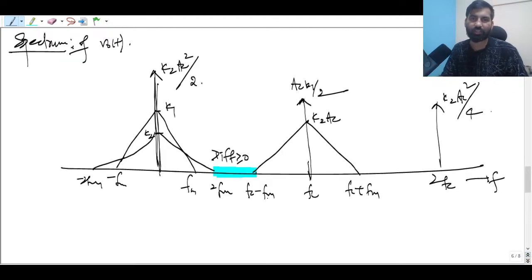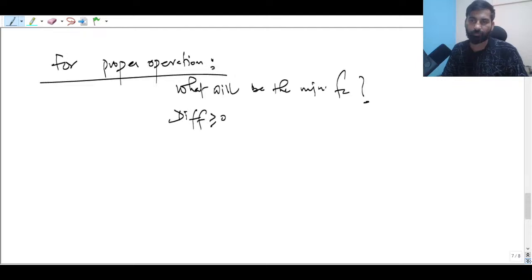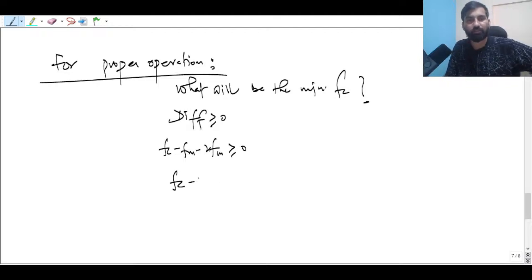The difference is fc minus fm minus 2fm, that must be greater than or equal to 0. So fc minus 3fm is greater than or equal to 0. So fc must be approximately equal to 3fm, which is the minimum.